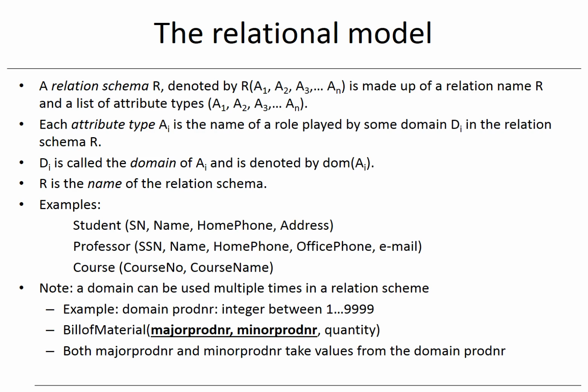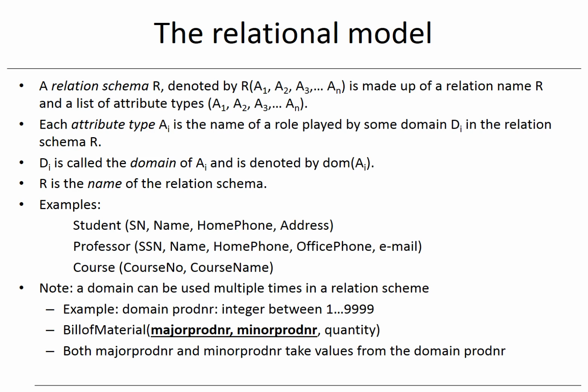Think of a bike consisting of 2 wheels, a wheel in turn consisting of 30 spikes, etc. This can be represented as a relation bill of material with major product number, representing the composite object, minor product number, representing the part object, and the quantity.